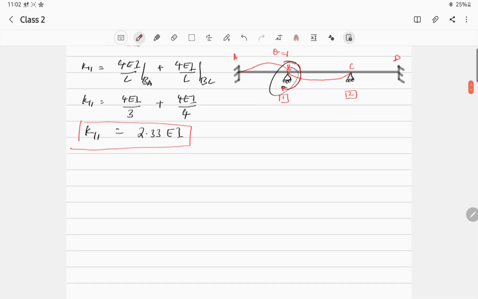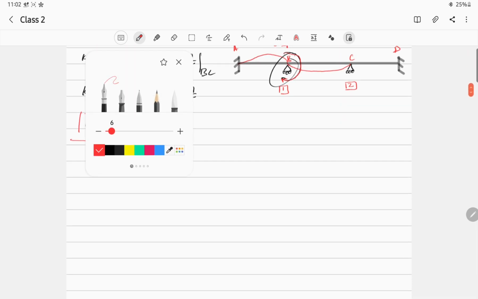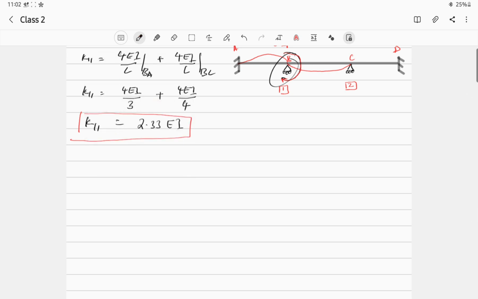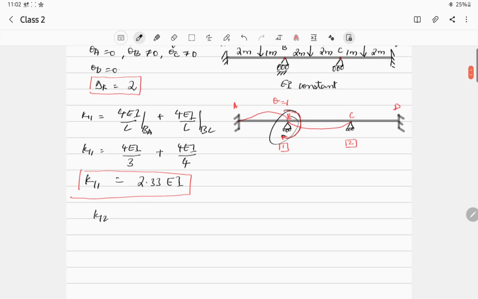Now we'll go for K12. What is K12 now? I am applying rotation at 1 and I am looking at joint C now. If you see joint C, what is happening for CB?